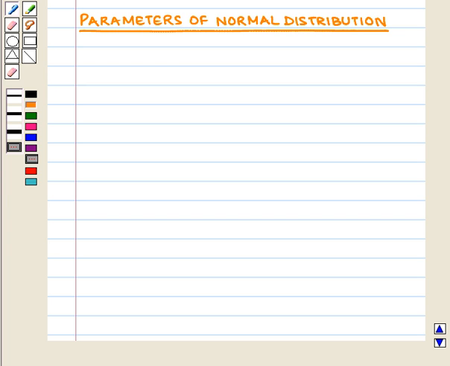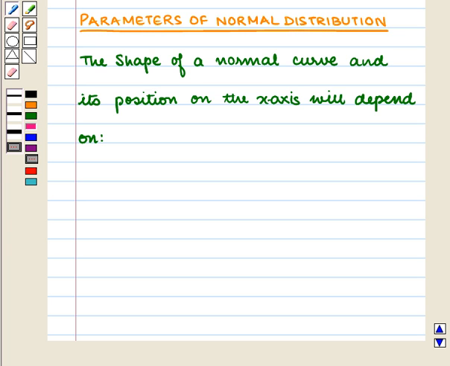Let us now see what are the parameters of normal distribution. The shape of a normal curve and its position on the x-axis will depend on its mean and standard deviation.